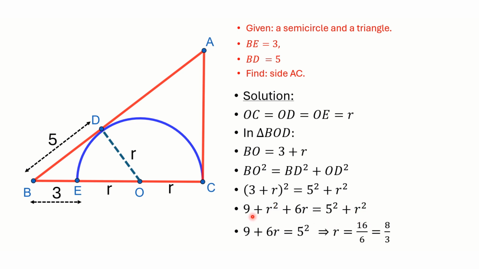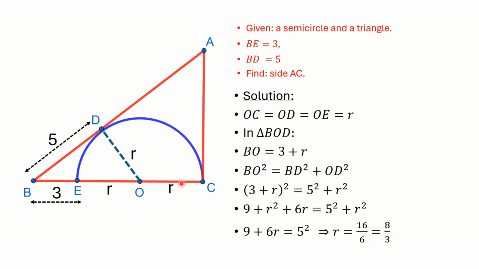So what is left on the left hand side? You will have 9 plus 6R, and right hand side you will have 5 square, that is 25. So 6R is equal to 25 minus 9, that is 16. And R is equal to 16 divided by 6. So this is the value of R. If you further simplify, this is 8 by 3.